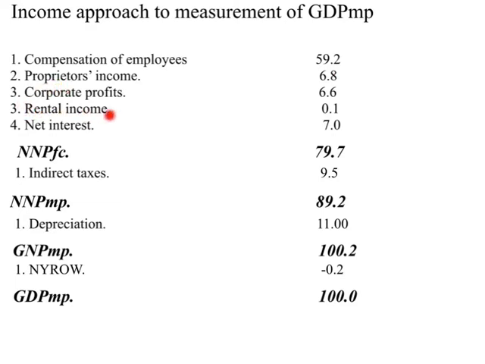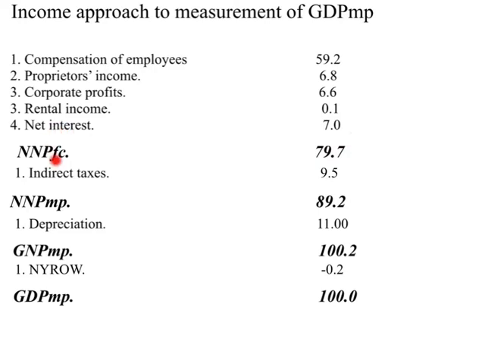Then we have rental income, which is about 0.1% of GDP. To that we add net interest, 7% of GDP. And when you add up all factoral income for the US, NNPFC is 79.7% of GDPmp.